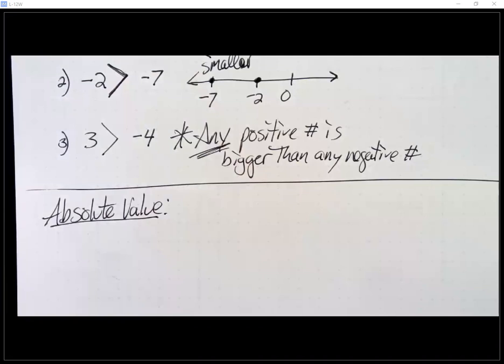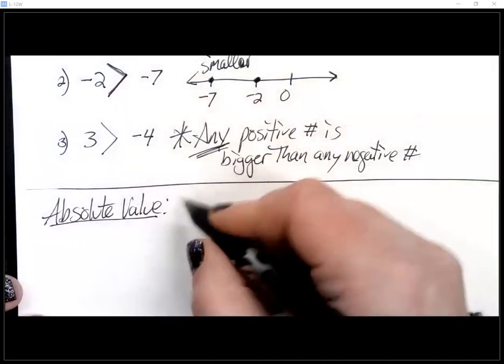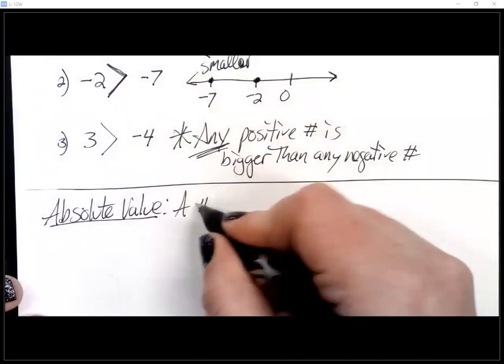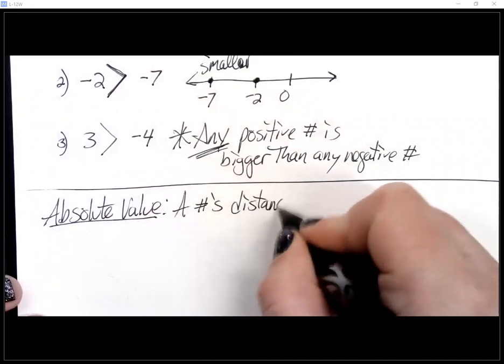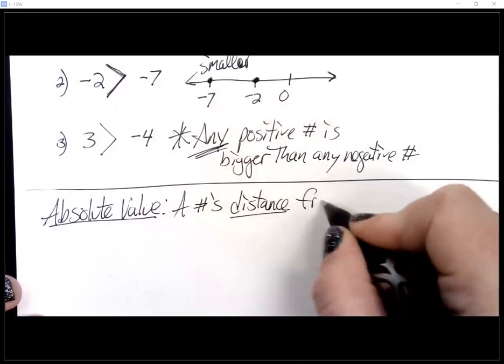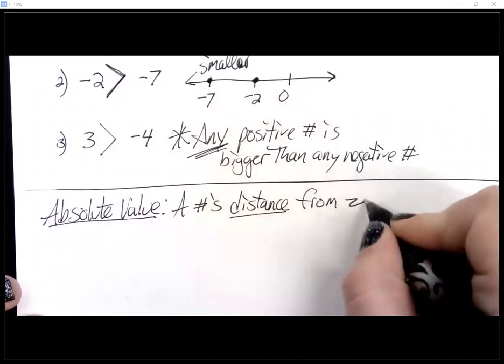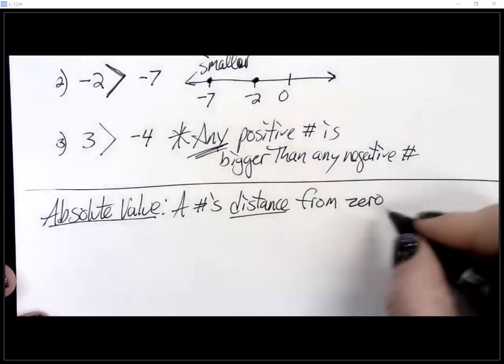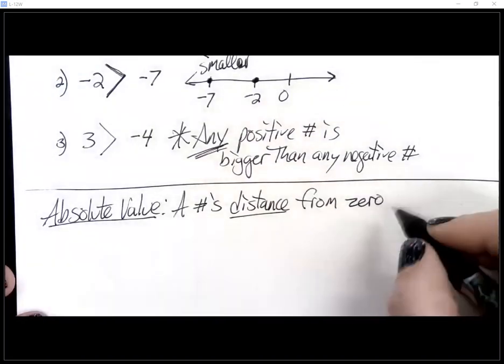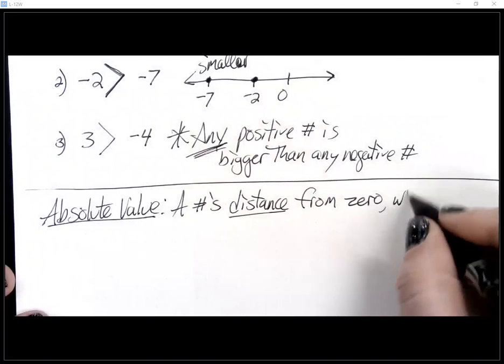Okay, so absolute value is a number's distance from 0. And that's why it is always positive.